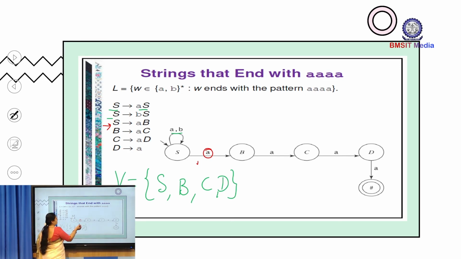So now from B to C, we need to define one transition over A. That is done. And next is again C tends to AD, that is also done. And the last one is D tends to A.